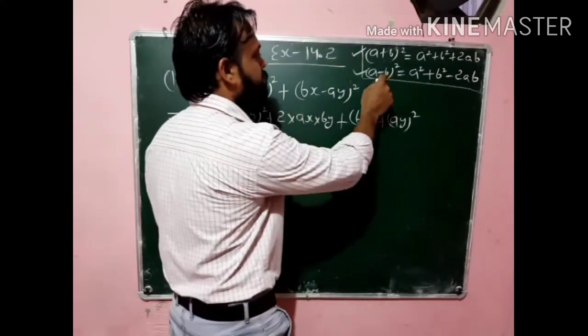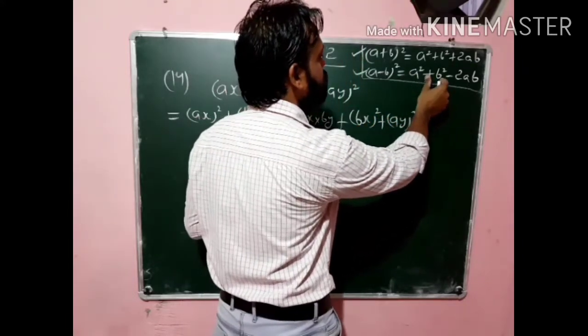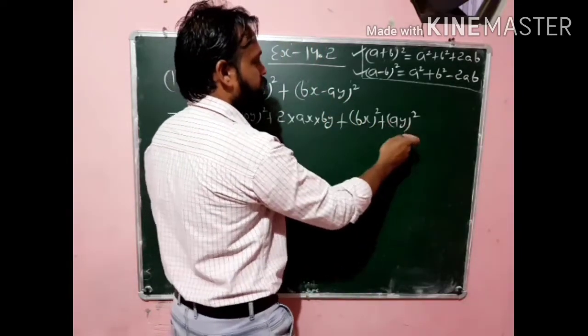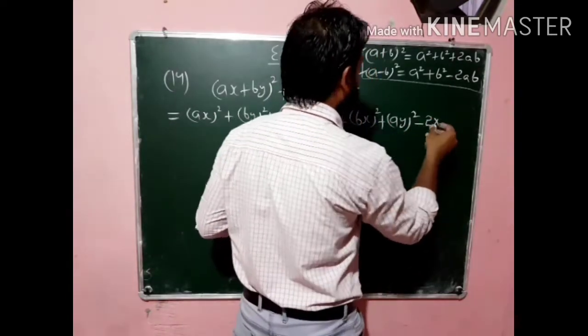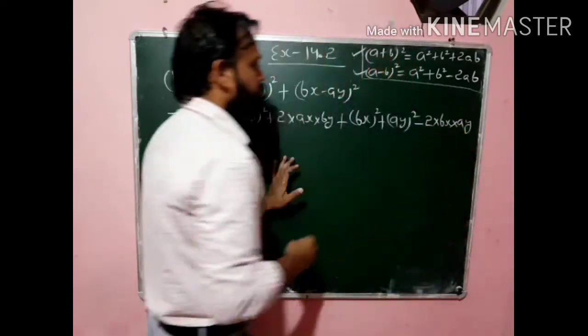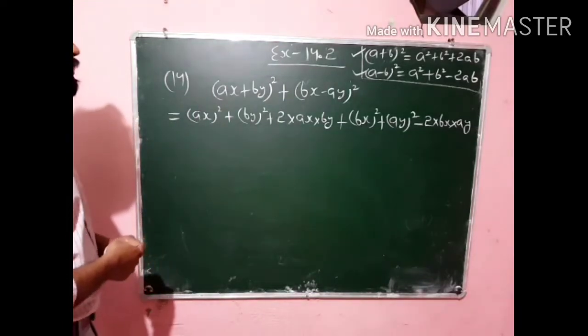Of course in the case of minus, it is a square plus b square then minus 2ab. So a square plus b square then minus 2 into a into b. Like this way we will solve this sum.